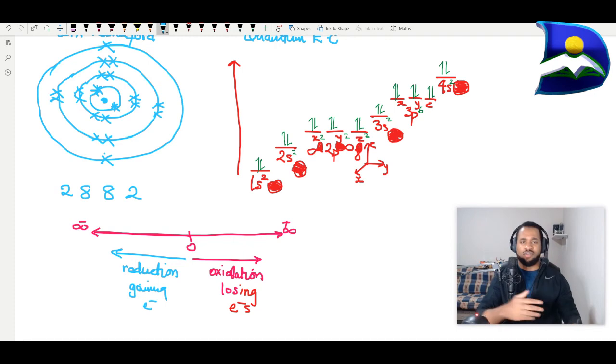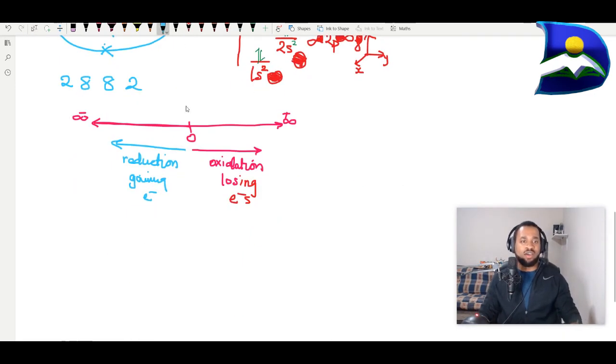So in this particular case here, since we said that calcium is actually starting at 0 because it is neutral, and it is going to calcium 2 plus, this 2 plus tells me that it is actually losing two electrons.